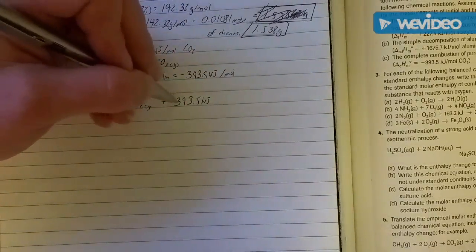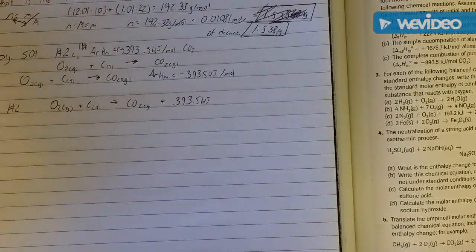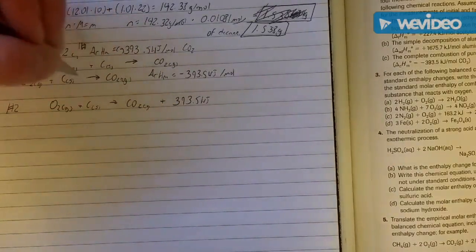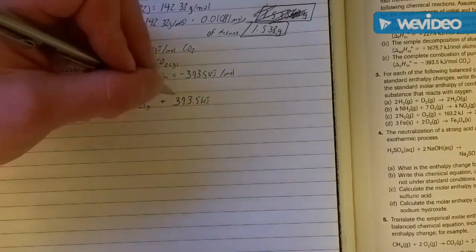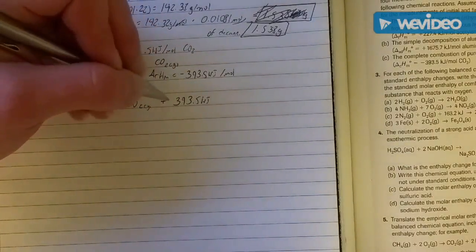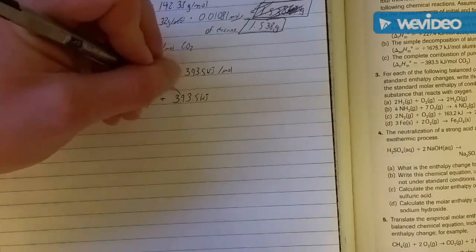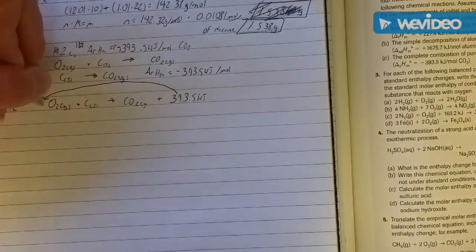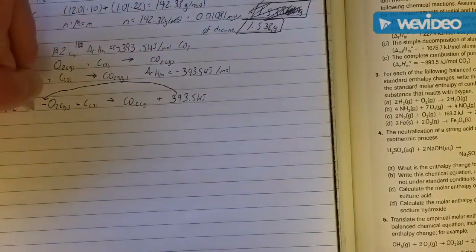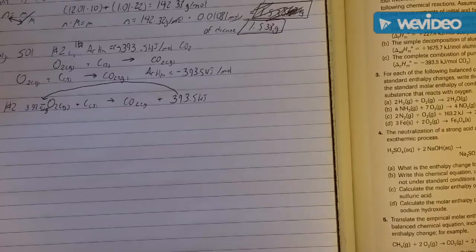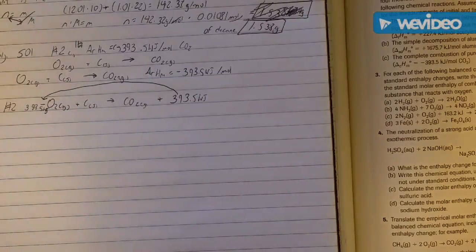We wouldn't write negative because when it's part of our reactants or products, we never show it as minus 393.5. I guess we could move it over here and write minus 393.5, but that's just not very proper or the way you're expected to show it.